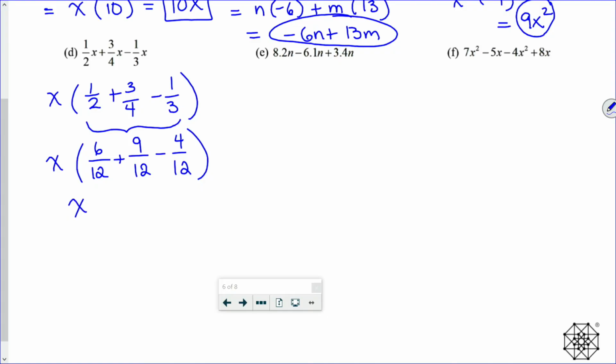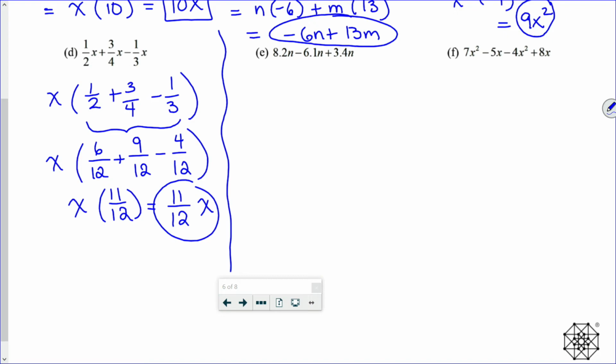And now I can say 6/12 and 9/12 is 15/12, minus 4/12 will be 11/12. After a while, 12 sounds funny to me. I have 11/12 x. That definitely sounded weird.